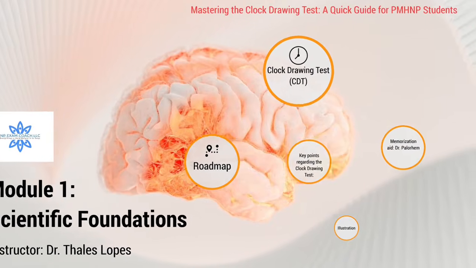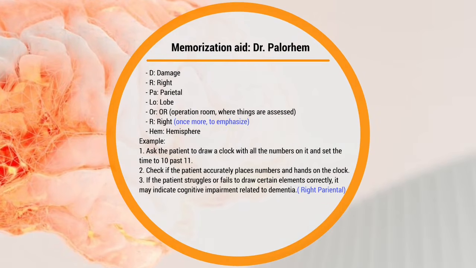Remember, the parietal has to do with reading, writing, and tasting, right? So damage there on the drawing clock is equal to the right parietal, the right hemisphere, and this is how you can remember. I use the acronym D-R-O-R-Hem.